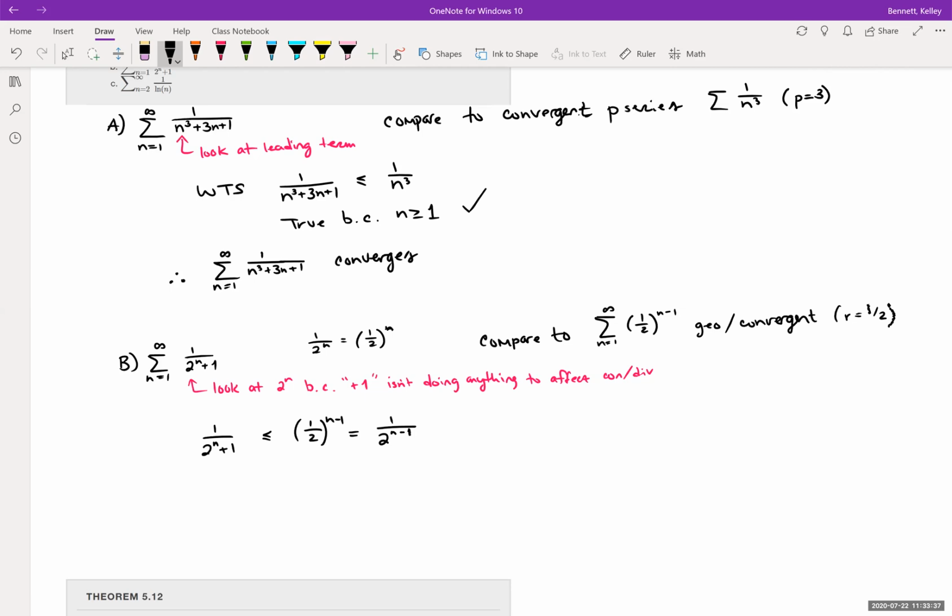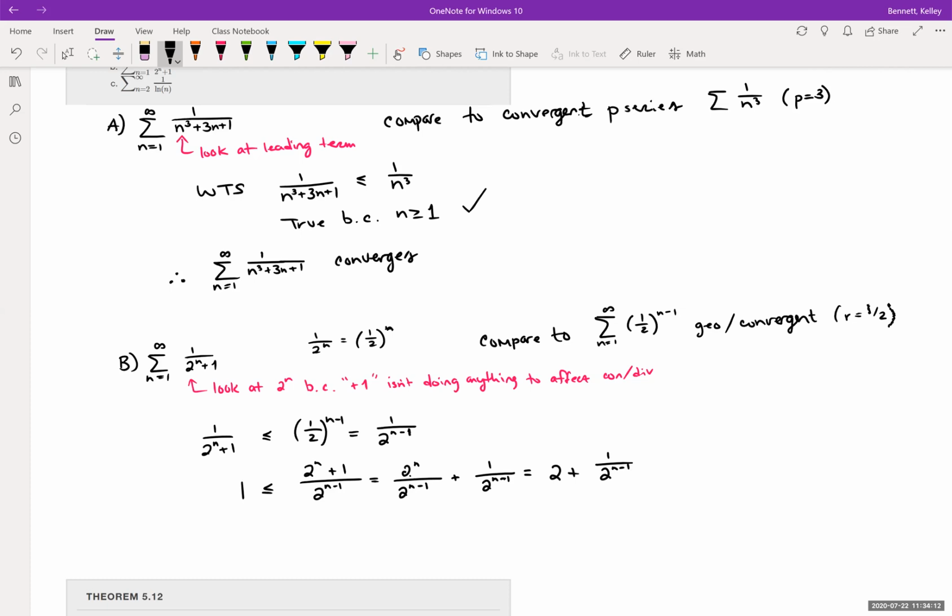I'm going to multiply each side by 2 to the n plus 1. So I have 1 less than or equal to 2 to the n plus 1 over 2 to the n minus 1. Then I can split that. So I get 2 to the n over 2 to the n minus 1 plus 1 over 2 to the n minus 1. And so this simplifies to 2 plus 1 over 2 to the n minus 1.